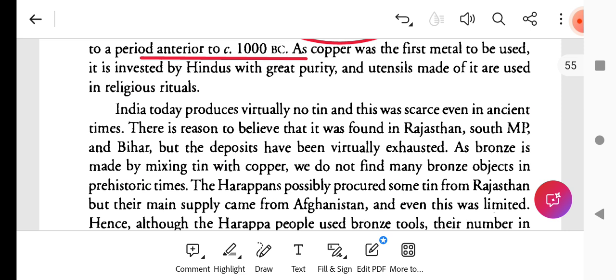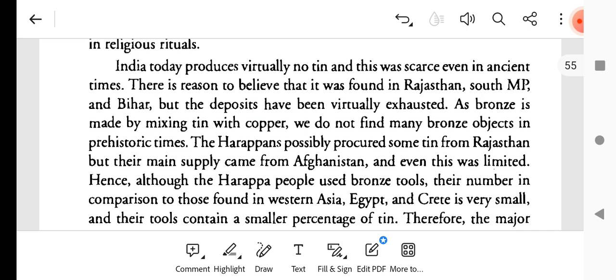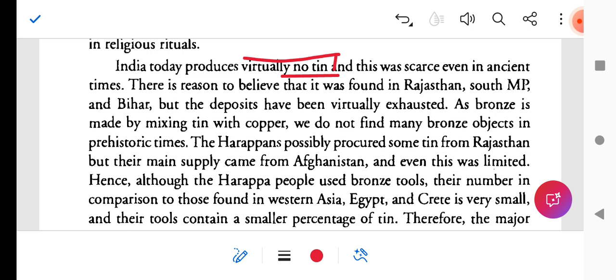India today produces virtually no tin, and has not for a long time, because people generally did not know the technology to produce tin. Sorry, the metals are copper and tin.